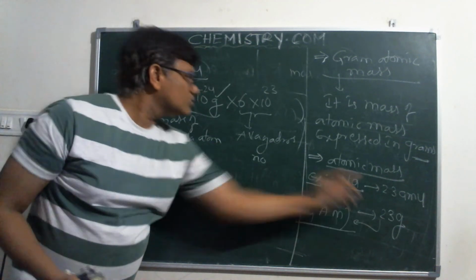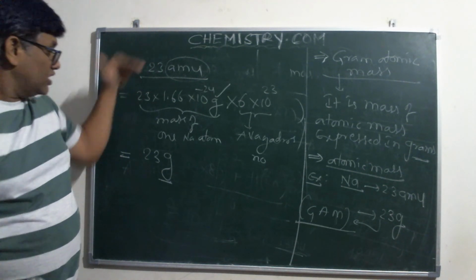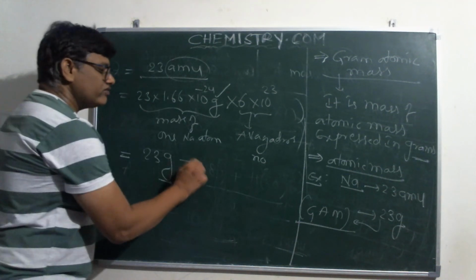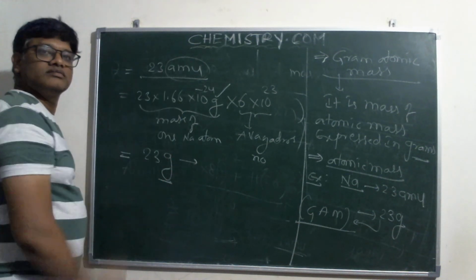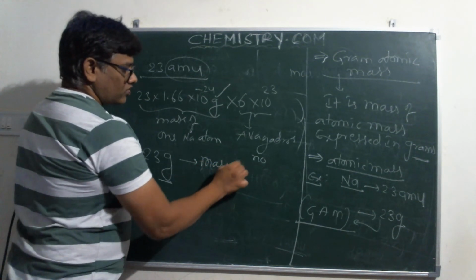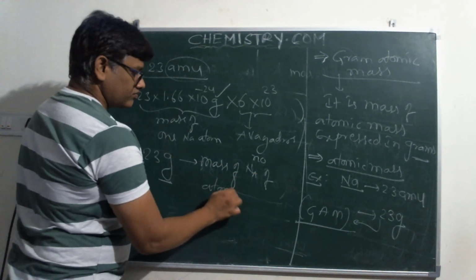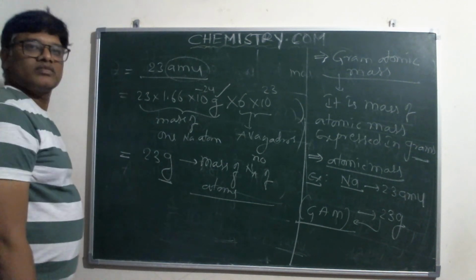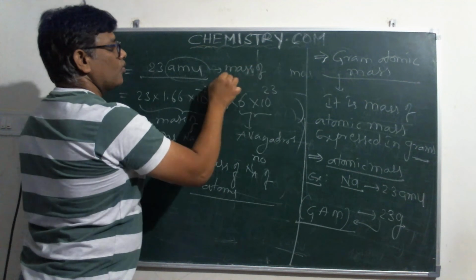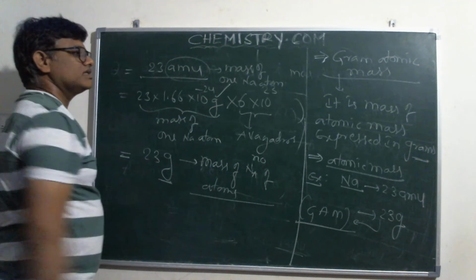So 23 AMU is the mass of one sodium atom, and 23 grams is the mass of Avogadro number of atoms. This is a very important point, and you have to keep it in mind.